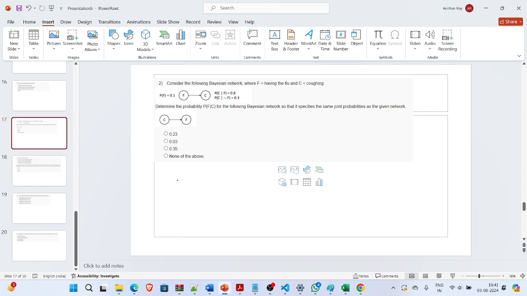As you can see, we have the occurrence of C, over these two spaces: where F is occurring and where F is not occurring.